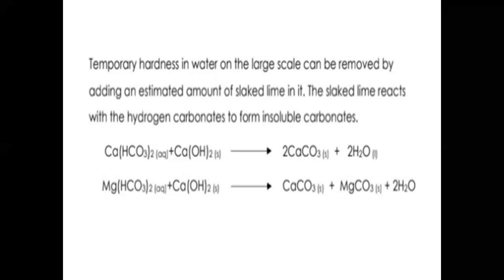So you can see calcium hydrogen carbonate, when it reacts with calcium hydroxide, which is also called slaked lime, will form calcium carbonate and water. This calcium carbonate is solid, insoluble in water, and will settle down at the bottom of the water, and by filtration these undissolved salts can be removed from the pure water.